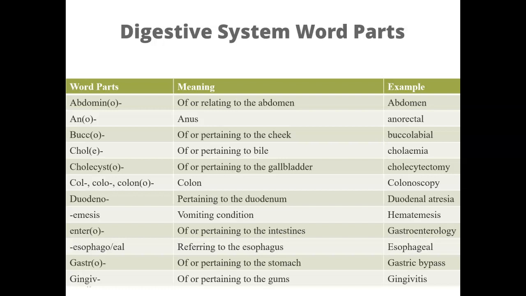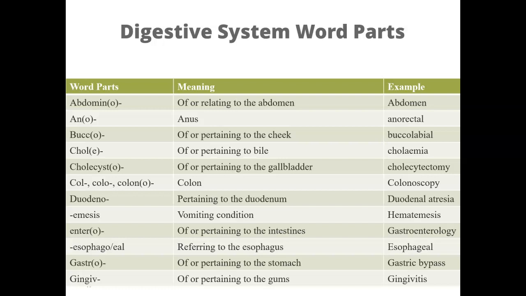Duodeno, pertaining to the duodenum. The suffix emesis means to vomit. Entero word part is referring to the intestines. The word part esophago or esophageal is referring to the esophagus.